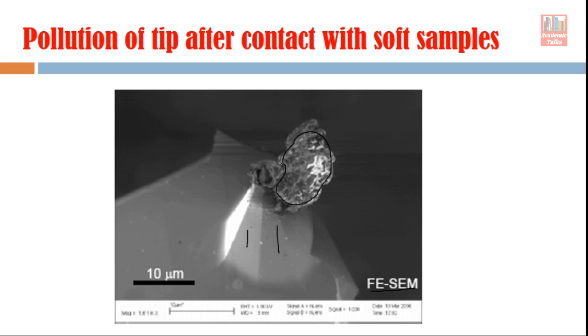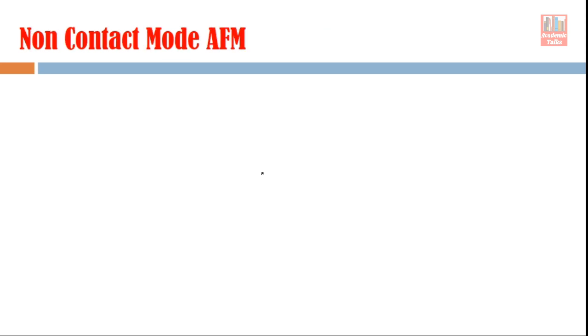All this is some contaminated thing or some particle or dust which is attached to this tip, and if that kind of thing happens, you can imagine what will happen if we use the same tip to scan another sample, right? So that thing we have to avoid, and these kinds of problems are very common if we use contact mode for scanning the sample in the AFM.